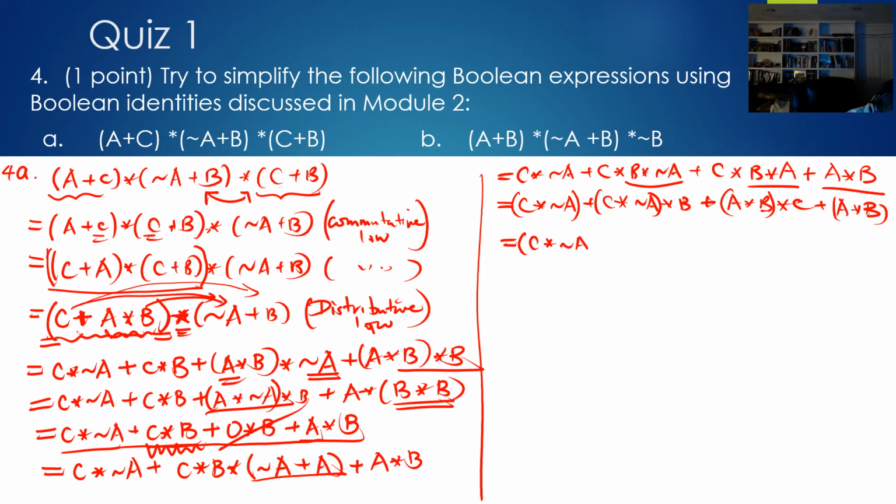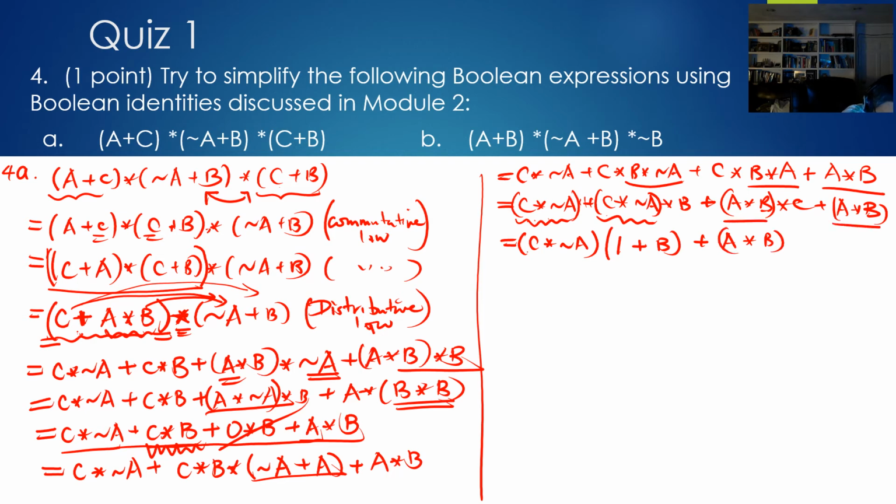C tilde A, take it out, and then here's 1 plus B. The first one is C times 1, right? The second one, A times B.